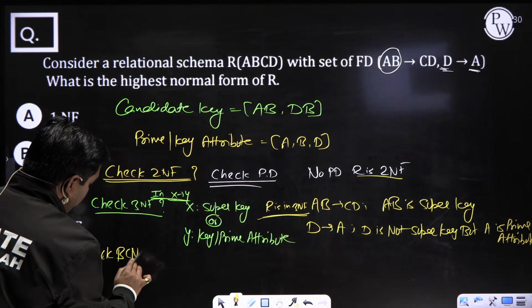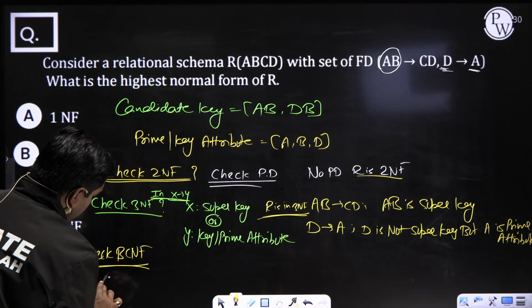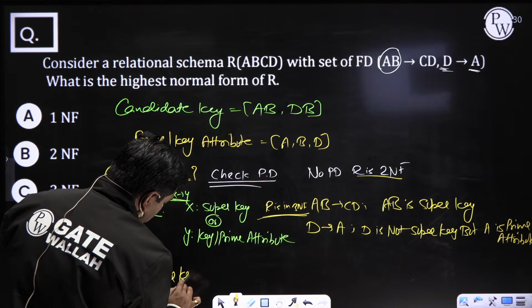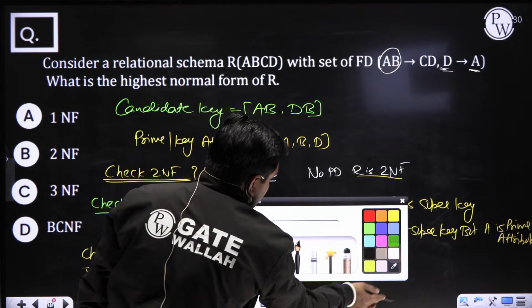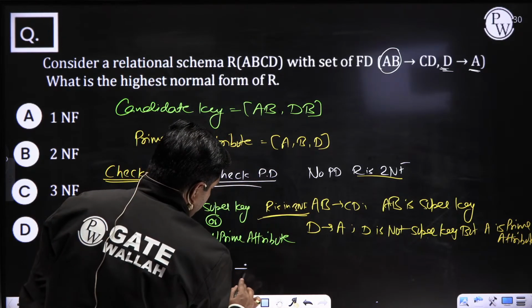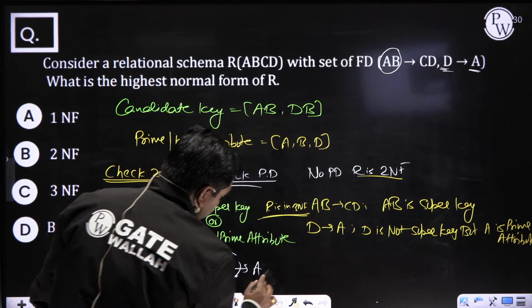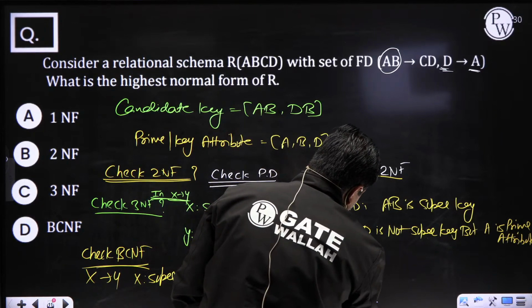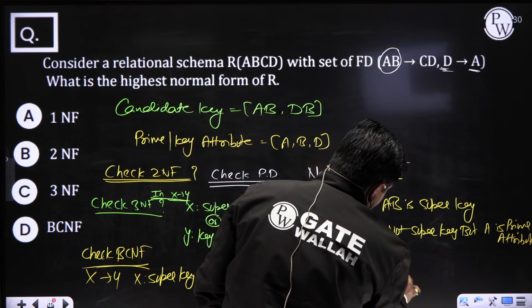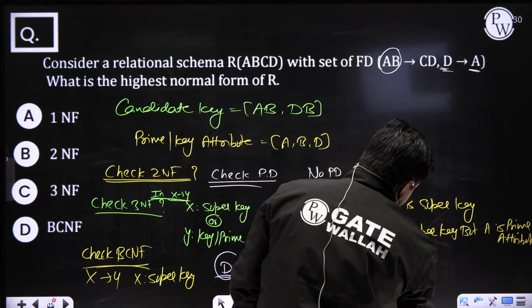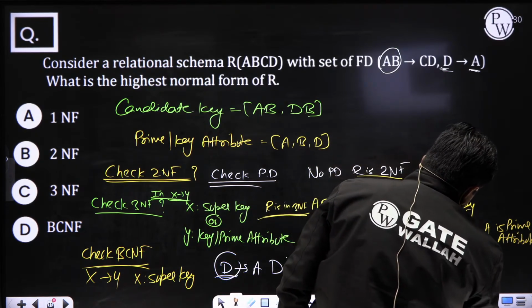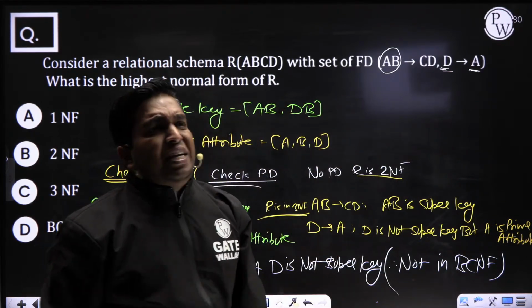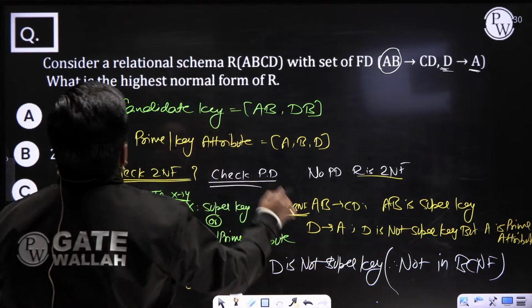Now we check for BCNF. To check for BCNF, in X tends to Y, X must be super key. So my dear students, you can see here D tends to A, D is not super key. So you can conclude not in BCNF. So what is being asked?